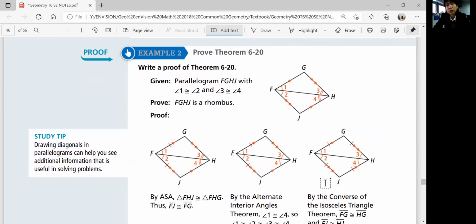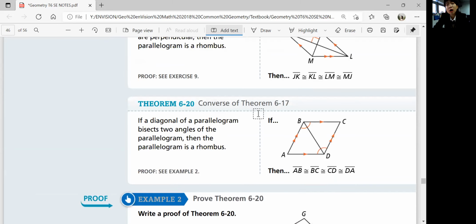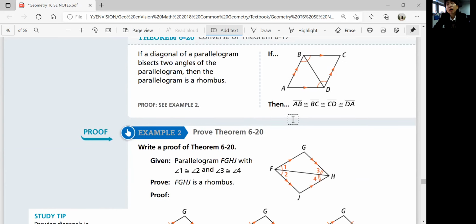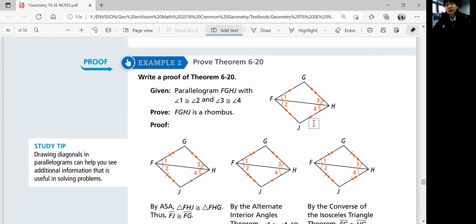So example 2, we're going to prove theorem 6-20, which is the converse of 6-17. How can we know if the diagonal bisects two angles, then it must be a rhombus? It must always be a rhombus, right? So it's given parallelogram FGHJ with angle 1 congruent to 2, angle 3 congruent to 4.